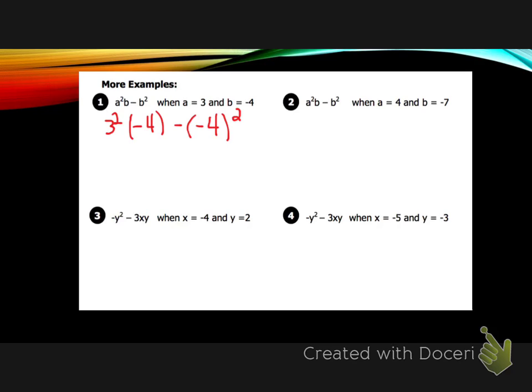We'll do our exponents first. We've got 9 times negative 4 minus negative 4 squared. That's negative 4 times negative 4, which is a positive 16. So then you're going to have 9 times negative 4, which is a negative 36, minus 16, which is going to give you a negative 52.